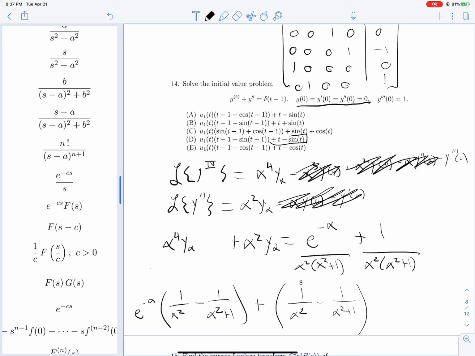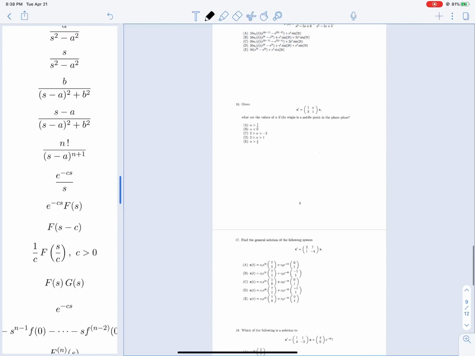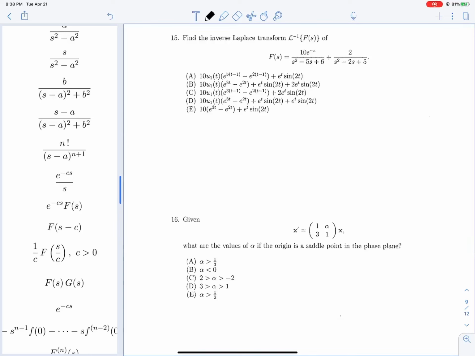So t minus sine t here, I like both of these. Now for our second bit, we said that this bit will just be the same with a u1 of t, and all of our t's replaced with t minus 1s. So D is looking good for 14. For 15, let's find the inverse Laplace transform of all of this stuff.